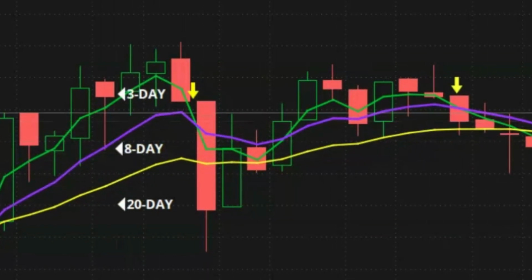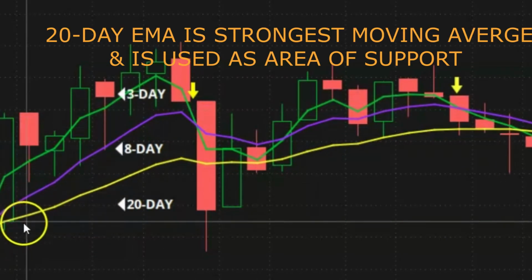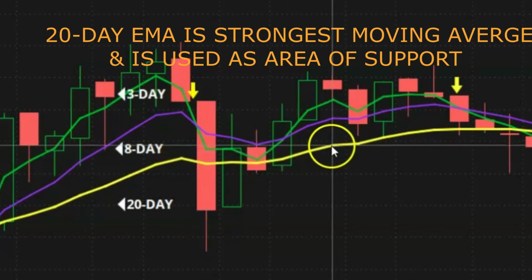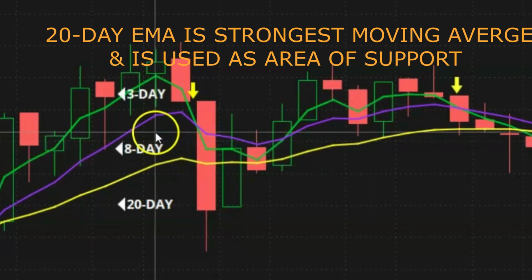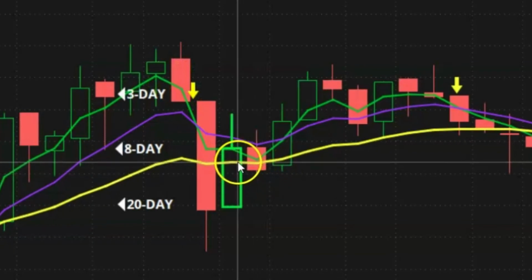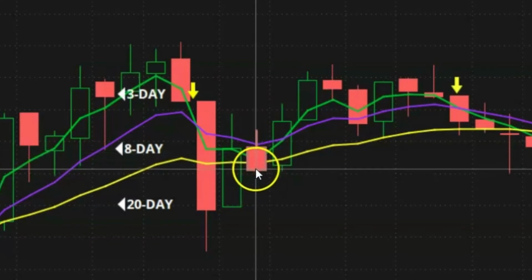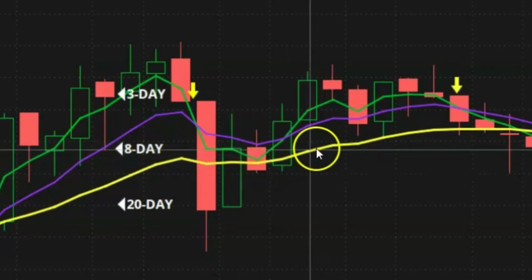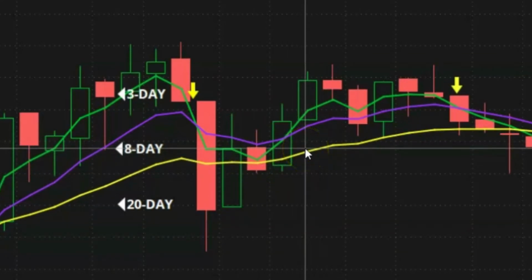The 20-day is the stronger moving average. It shows a more definitive trend than the 8-day or the 3-day. So I wouldn't exit that trade until I see 2 candles closing below the 20-day moving average.